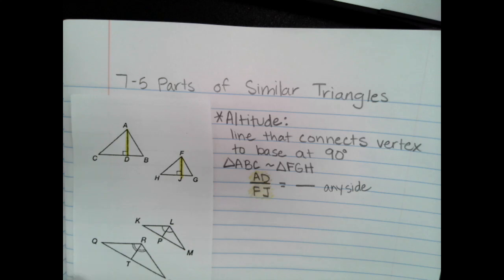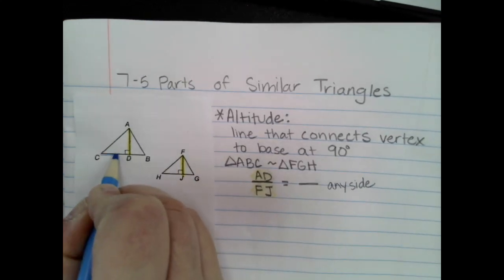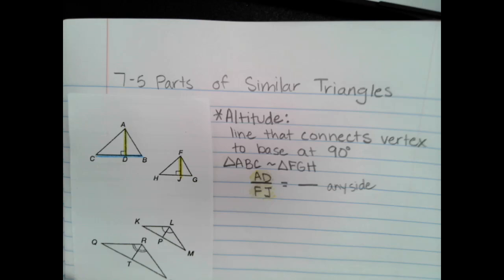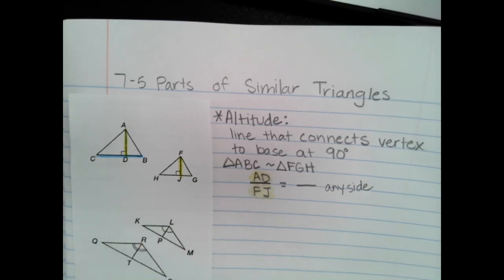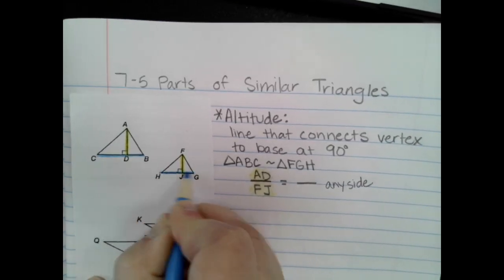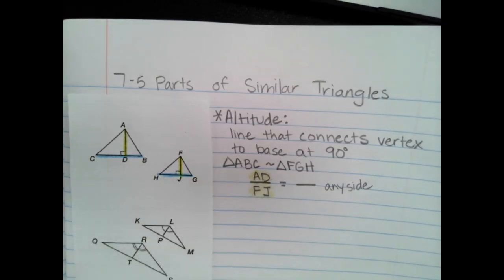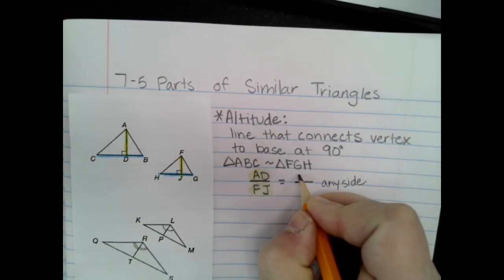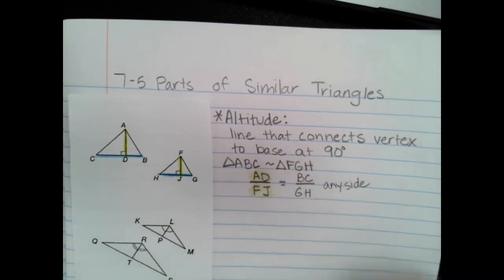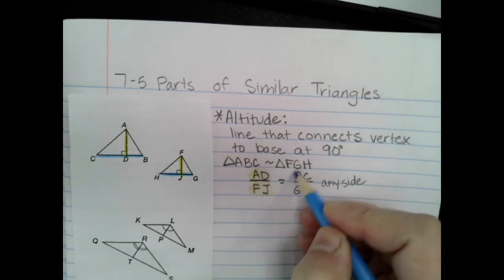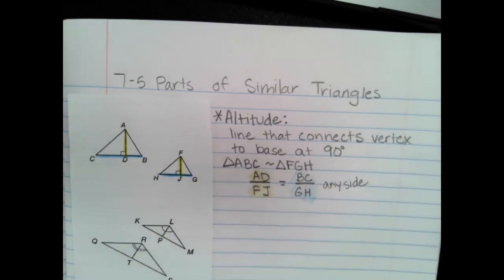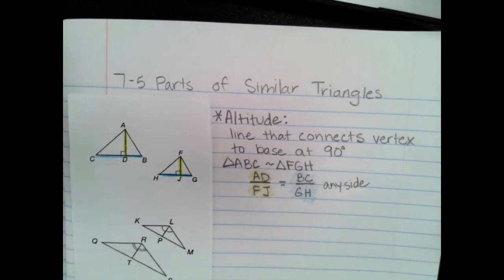BC, the one on the bottom. Okay, so we can compare that to the bottom, BC. And what part would we compare to BC on the other triangle? HG, GH. But it can be any side. It doesn't have to be the bottom side, but it can be. So right next to it, make sure you write that any side. It doesn't have to be the bottom.